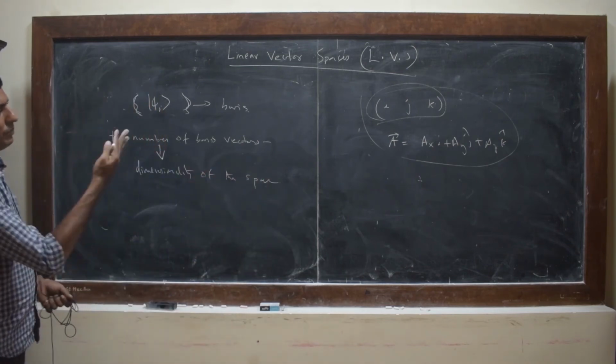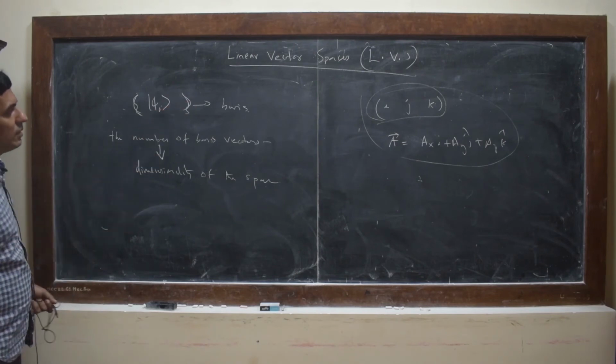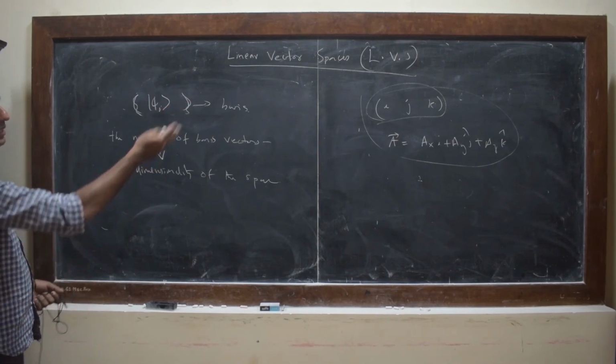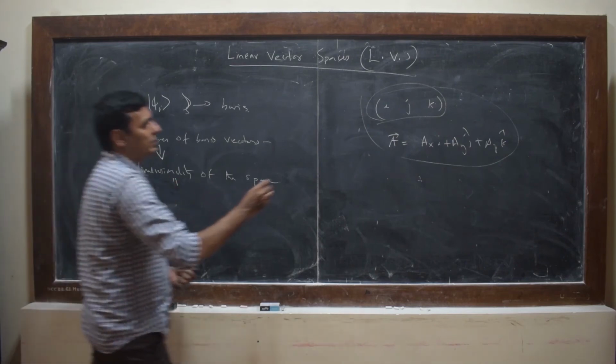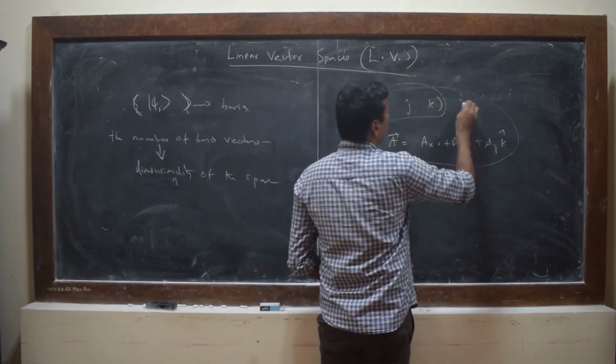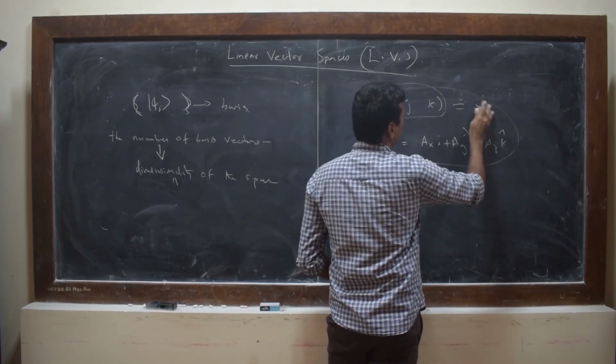In the case of Cartesian 3D space, with i, j, k, you have 3 basis vectors. So the dimensionality is 3. Here the dimensionality d is 3.